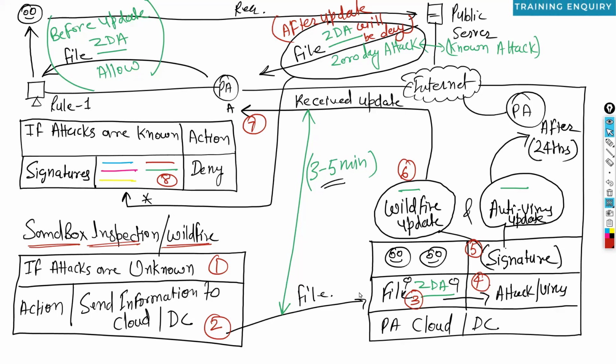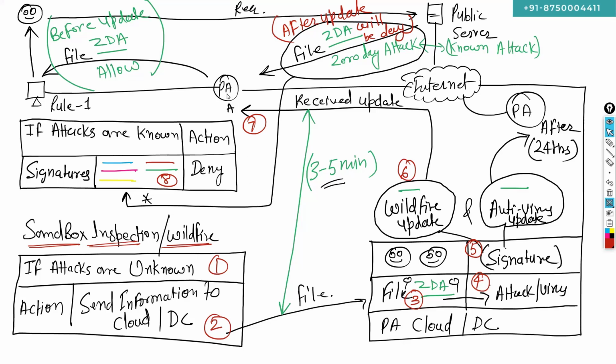Now, the question is: who can send this file? Only those firewalls that have a WildFire subscription. If you have a WildFire subscription, you can send the file to the cloud and receive the update within 3 to 5 minutes.